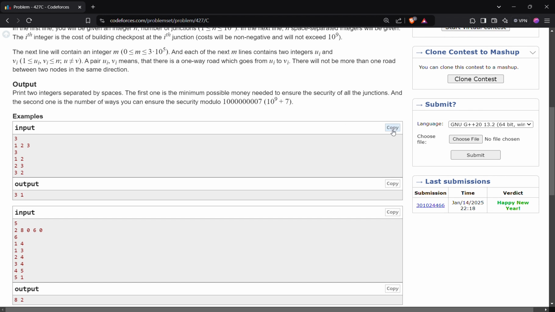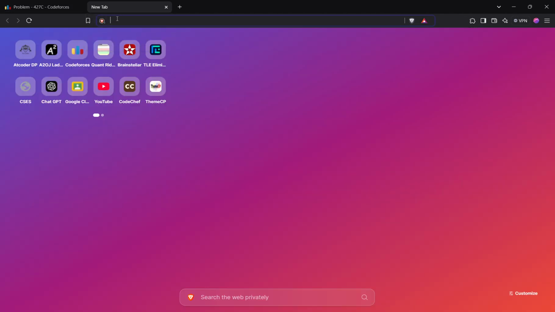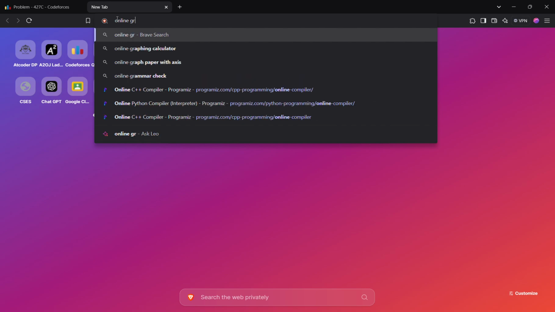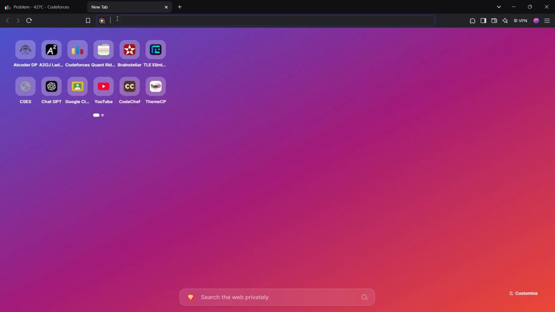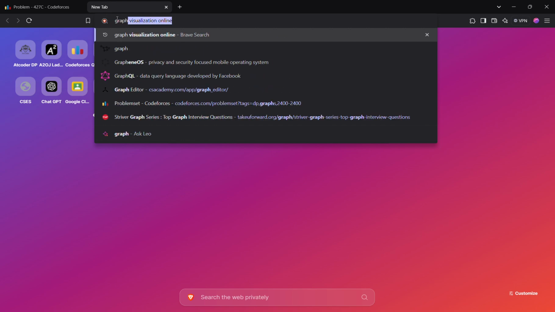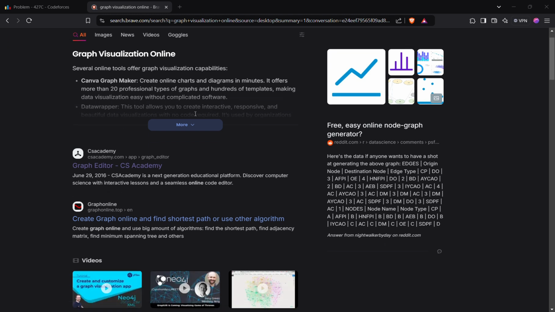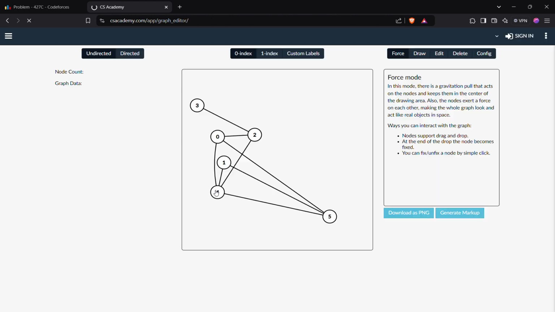Okay, so let us take a look at this sample test case. So today I will be using this tool called the online graph editor. So here's the website.